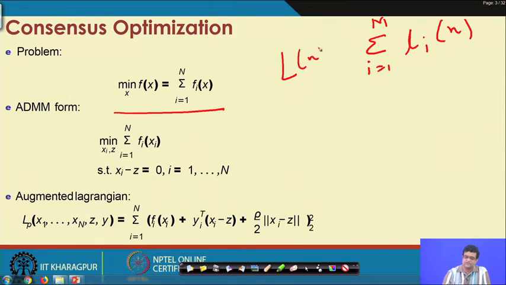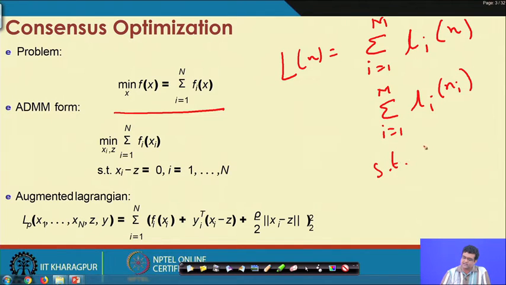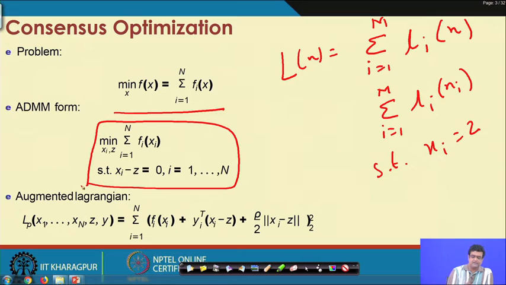This was the total loss of x. Now, this was equivalent to saying you want to minimize the summation over i equal to 1 to m of Li of xi, subject to the constraint that all of these xi's are equal to z. So, this is what we have written here. And if you see, the augmented Lagrangian for this problem is something like this.